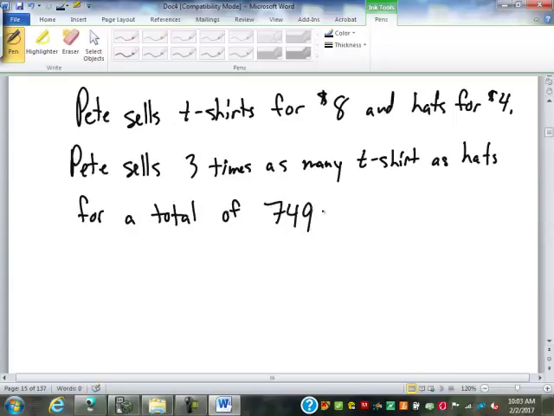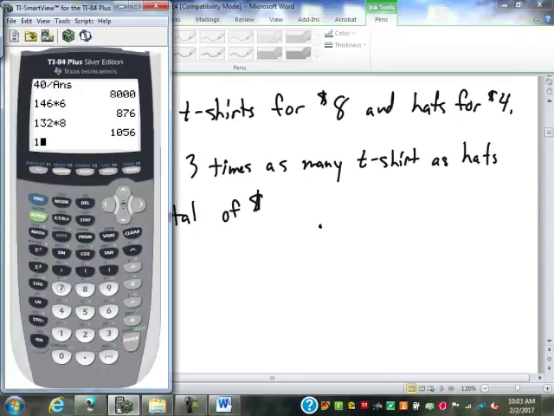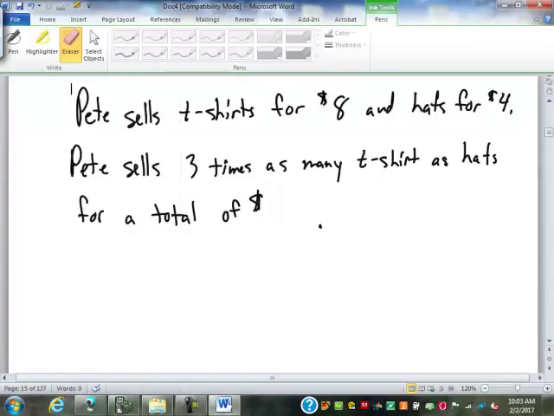Let's do $749. Actually, let me be careful here. Make sure it works out. $476 will work better. So for a total of $476, how many of each did he sell?